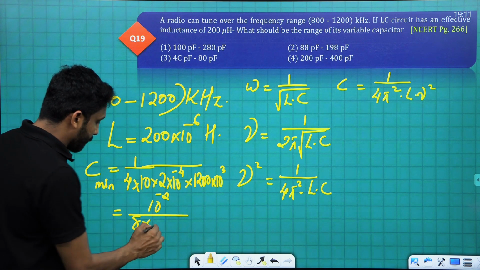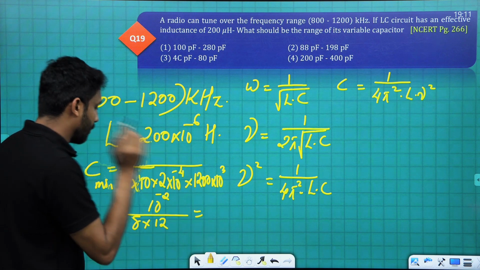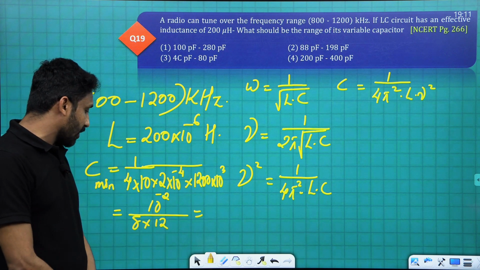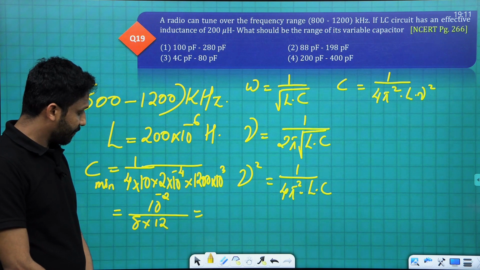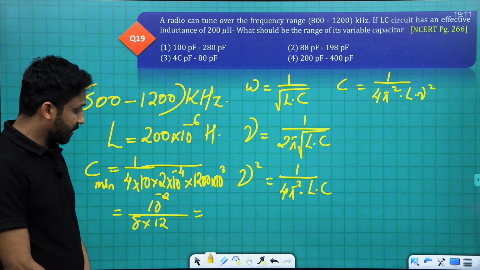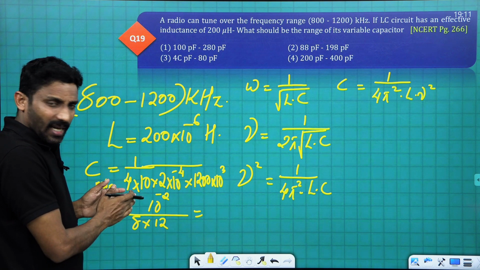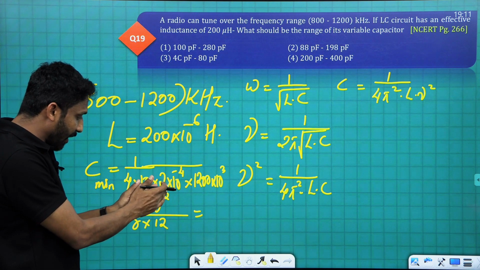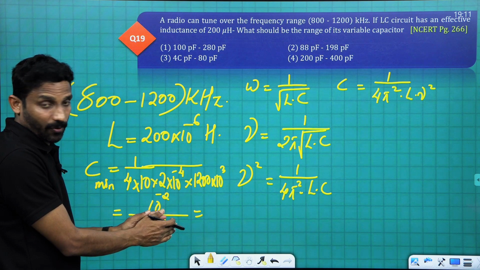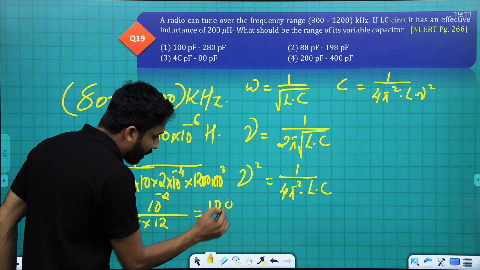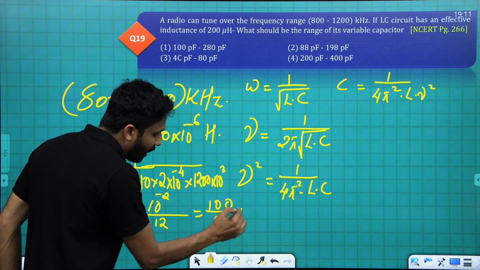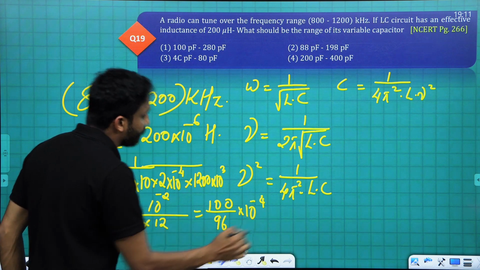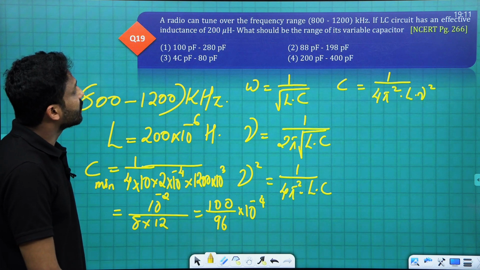Then 12. Now, 8 into 12 is equal to 96. Clear? 96. So I am taking here 100, then divide by 100. Then 10 power minus 2 divided by 100 is 10 power minus 4. Then I can write 100 divided by 96 into 10 raised to minus 4.